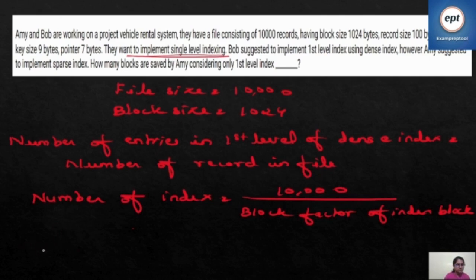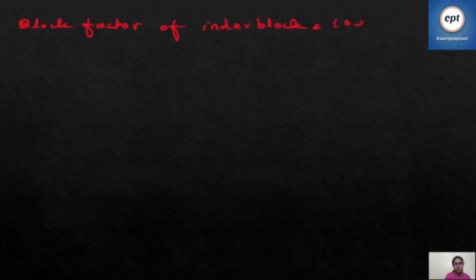Let's take the other page. Now the block factor of index block will be 1024 divided by 9 plus 7.